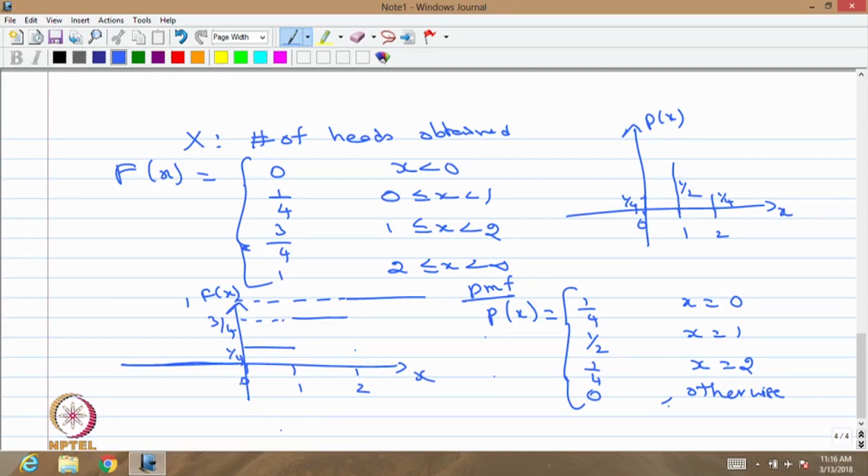By seeing the CDF, we can conclude it is a discrete type random variable, and from the CDF you can get the probability mass function by subtracting, because the CDF is nothing but the summation of probability mass till that point. So, from the CDF one can get the probability mass function, or from the probability mass function one can get the CDF of a discrete type random variable.